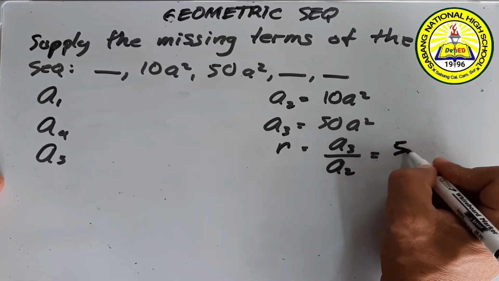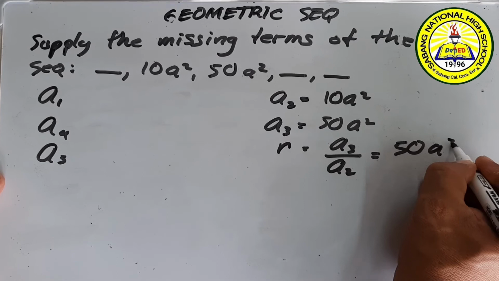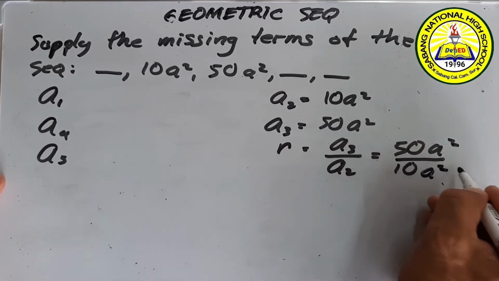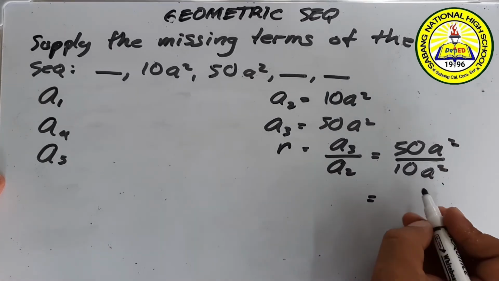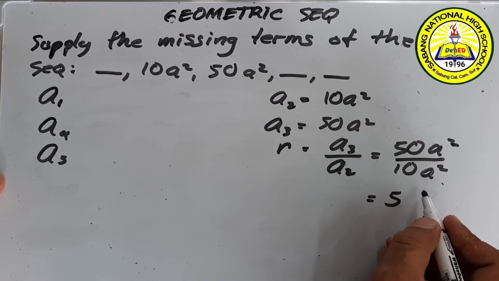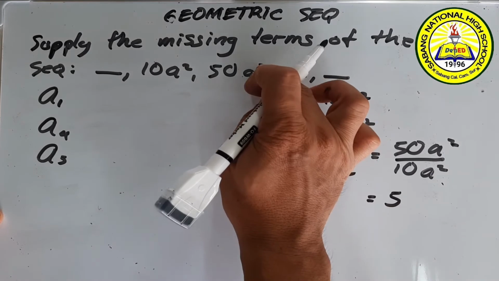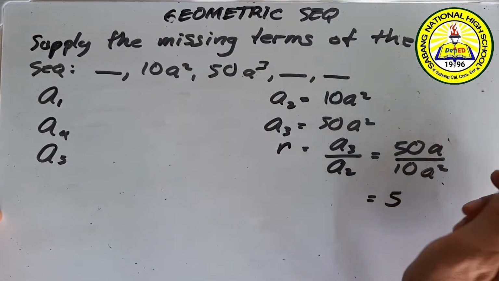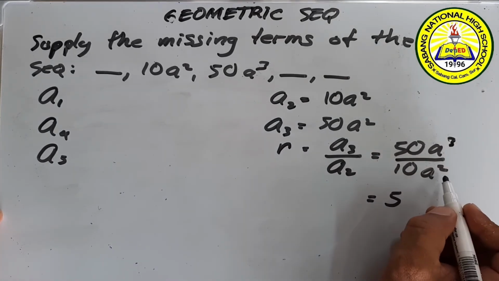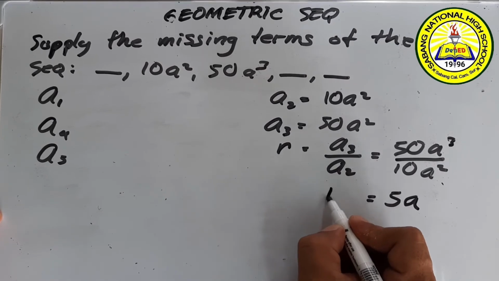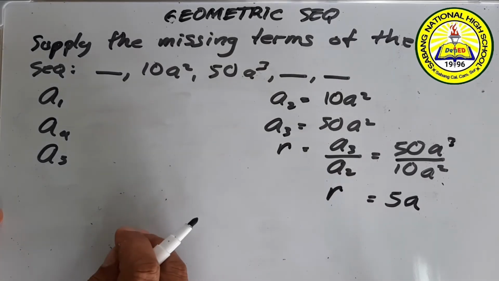A sub 3 is 50a squared and a sub 2 is 10a squared. 50 divided by 10 is 5. Sorry, the third term is a cube, so this should be a cube. A cube divided by a squared is a. So the common ratio is 5a.